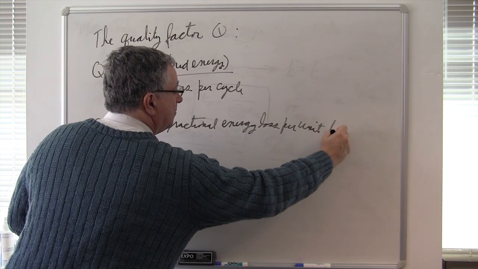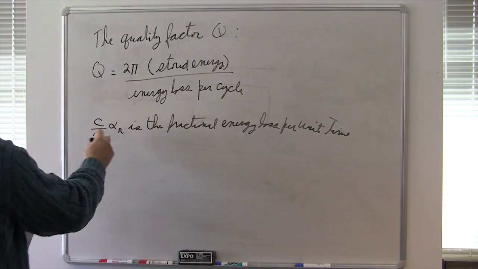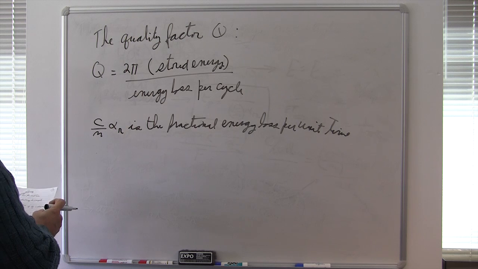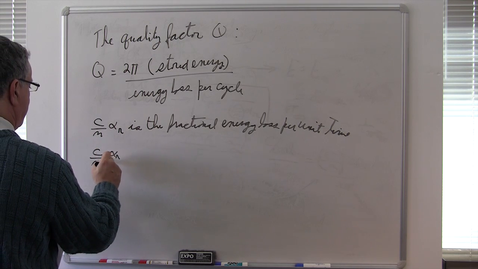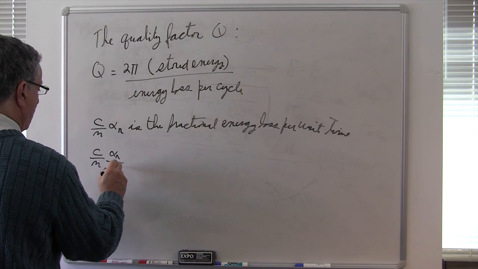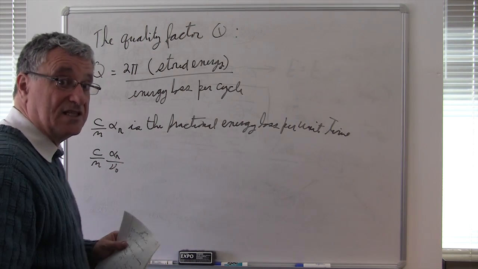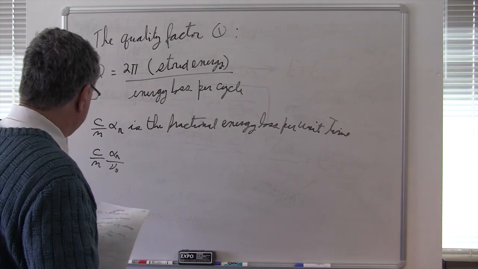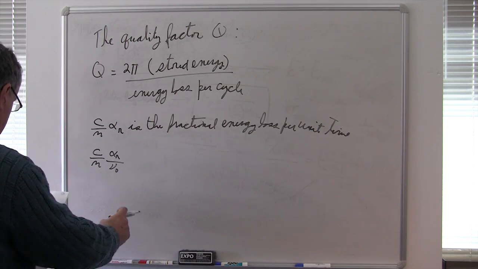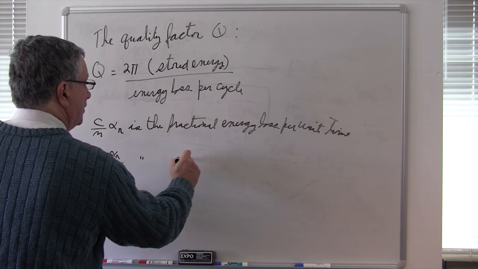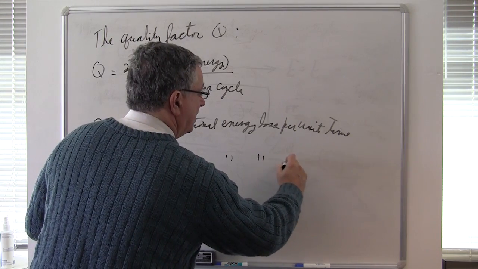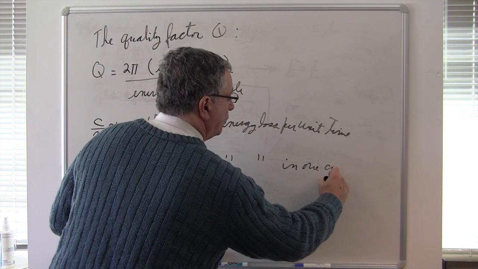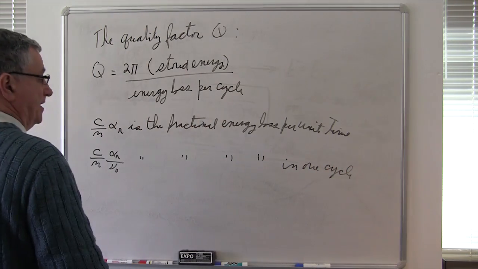Okay, that's C over N times alpha R. Now C over N alpha R divided by nu zero, nu zero being the frequency of the light, will give us the fractional energy loss in one cycle of the light.